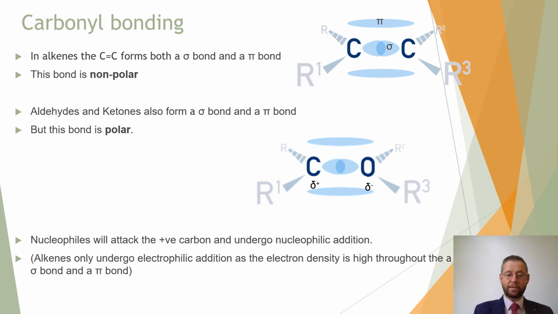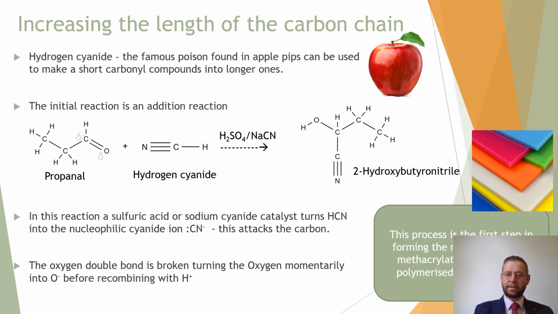Now, nucleophiles, those things that would attack or be attracted to positive charge, are going to undergo nucleophilic addition with the carbon. And so having this double bond oxygen there makes this whole molecule susceptible to negatively charged reagents. So there are two types of nucleophilic attack that I want to talk about, and they're important because they're going to give us the machinery for understanding how we can synthesize larger chemicals.